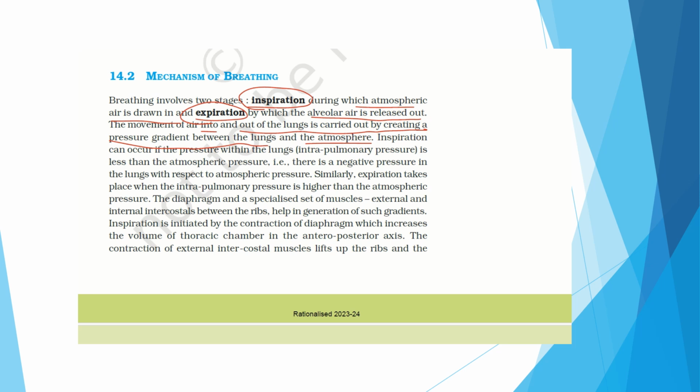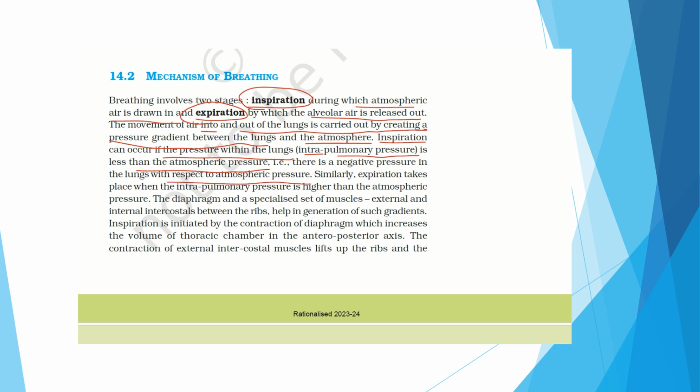This pressure gradient is maintained between the lungs and the atmosphere. Is it clear now? Now, inspiration: it can occur if the pressure within the lungs, the intrapulmonary pressure, is less than the atmospheric pressure, so there is a negative pressure in the lungs with respect to the atmospheric pressure.